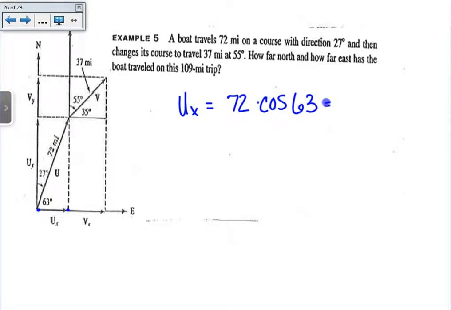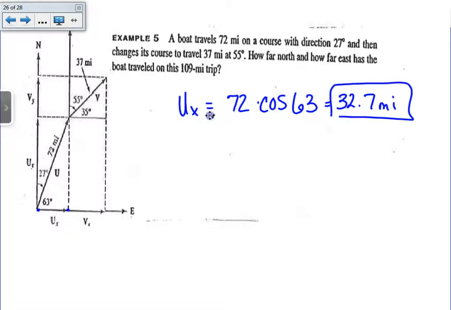So, I guess I should have done this ahead of time, but if you grab your calculator and type it in, looks like u sub x is 32.7 miles. Hold on to that for a second.